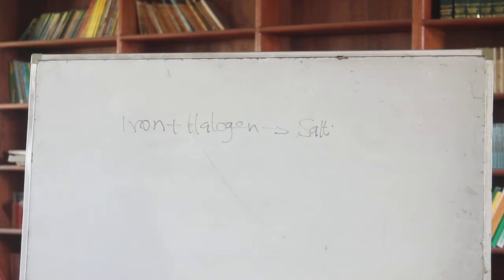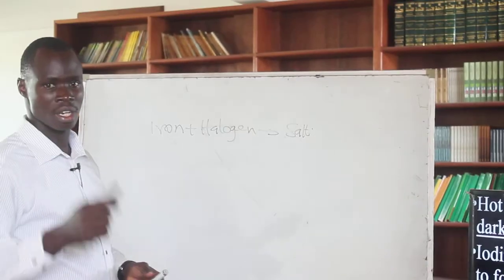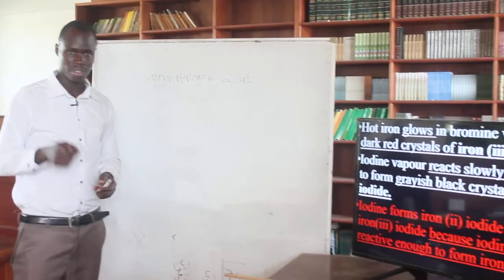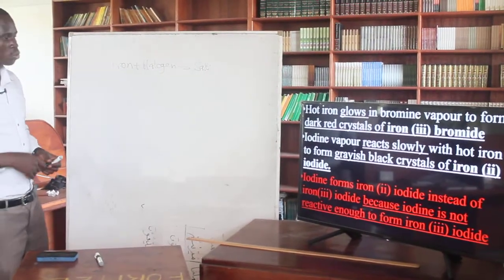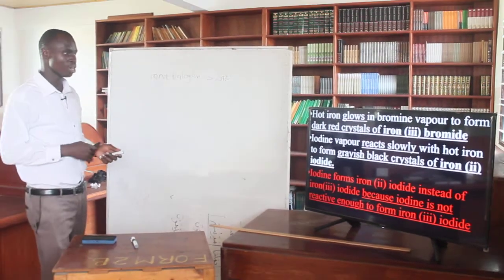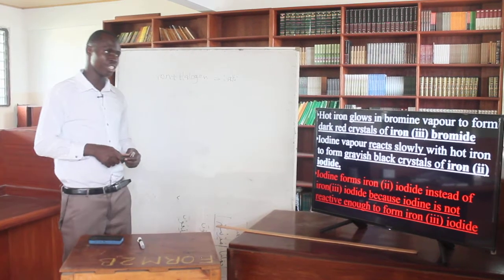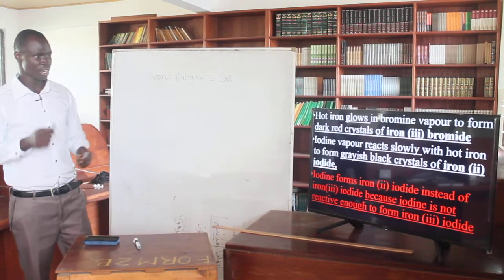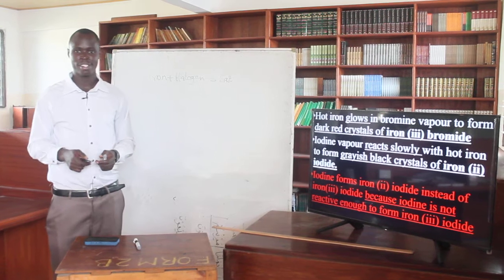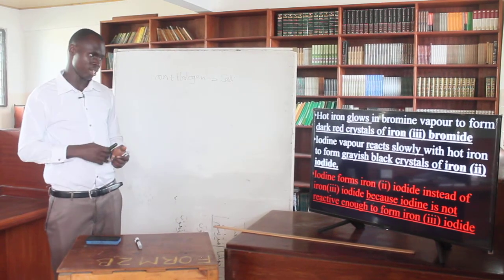When chlorine reacts with iron, it's going to give us iron 3 chloride, which is a dark brown crystal. Then bromine also is going to give us iron 3 bromide. Well, iodine, if we react iron and iodine, is going to give us iron 2 iodide.